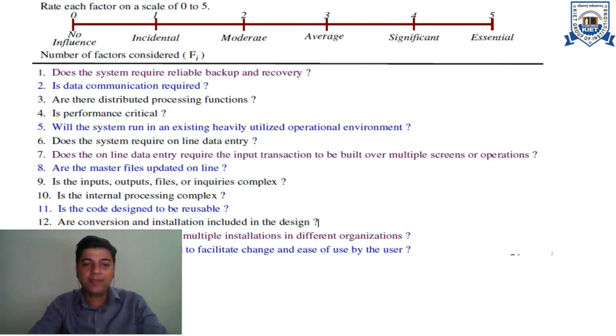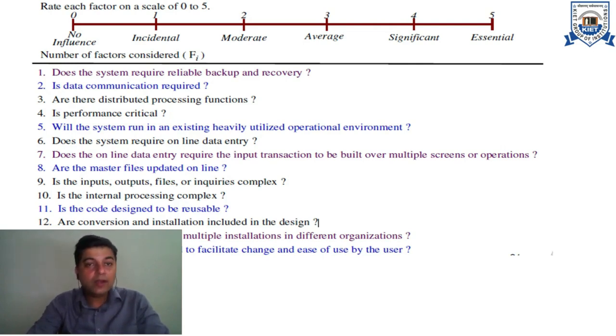All the different aspects of the software to be developed are analyzed in these 14 points, and they are rated on a scale of 0 to 5. Based on their severity and need, they are rated from 0 to 5. The 0 is no influence of a factor, and 5 is the factor being very essential for the developed product.